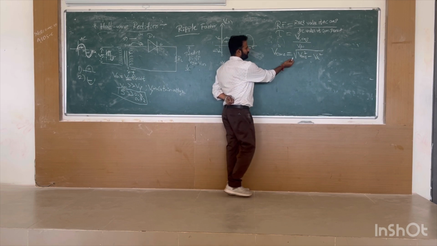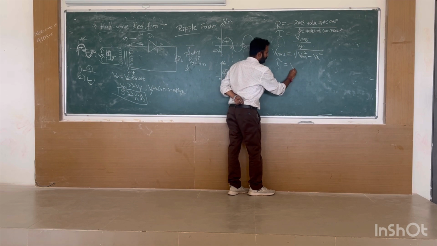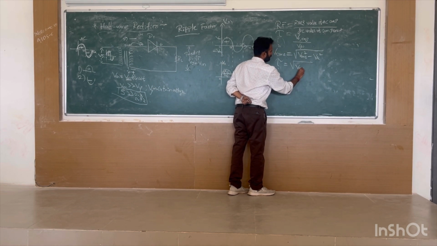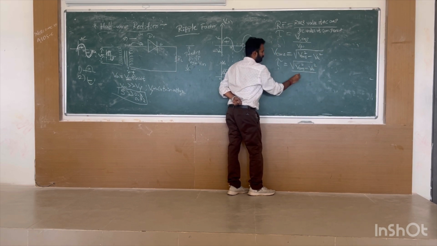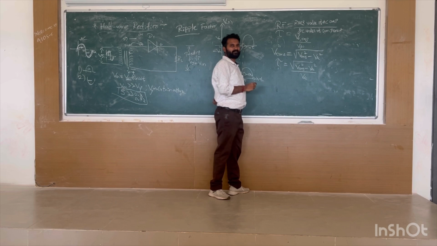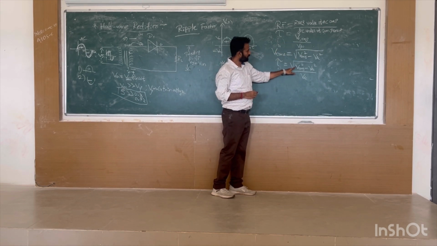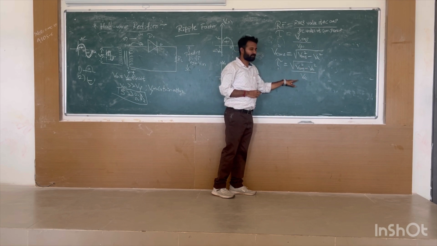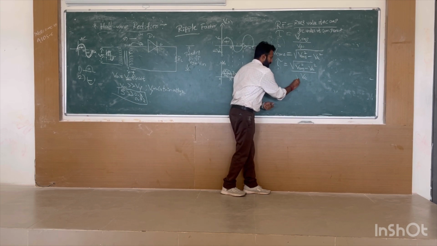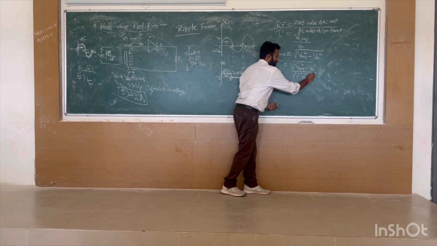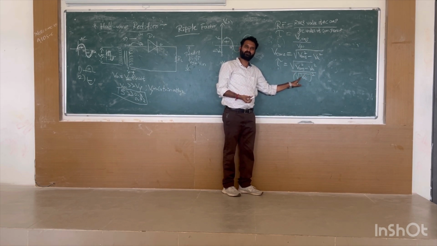Understandable? So substitute this value here, then tau is equal to the square root of V_RMS squared minus V_DC squared, divided by V_DC. Correct? Focus here. This V_DC can be written as the square root of V_DC whole squared. Square and square root will get cancelled, and again it will become V_DC.